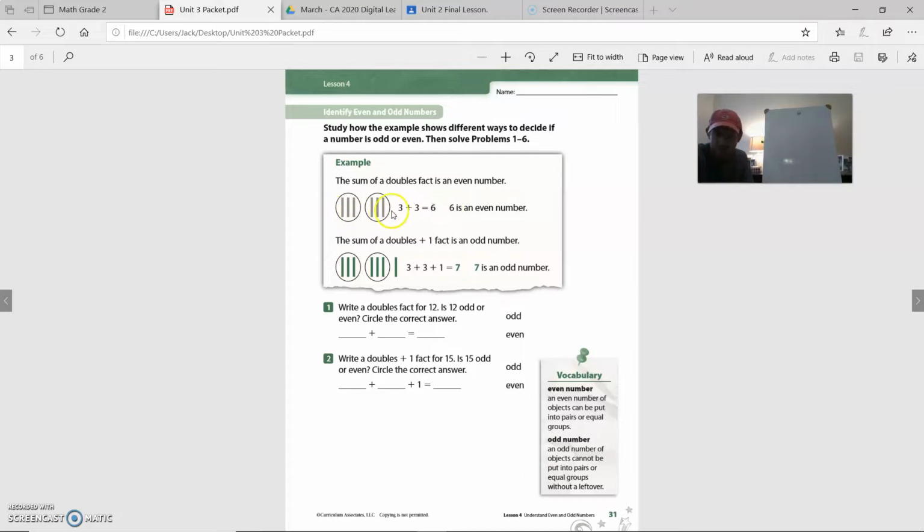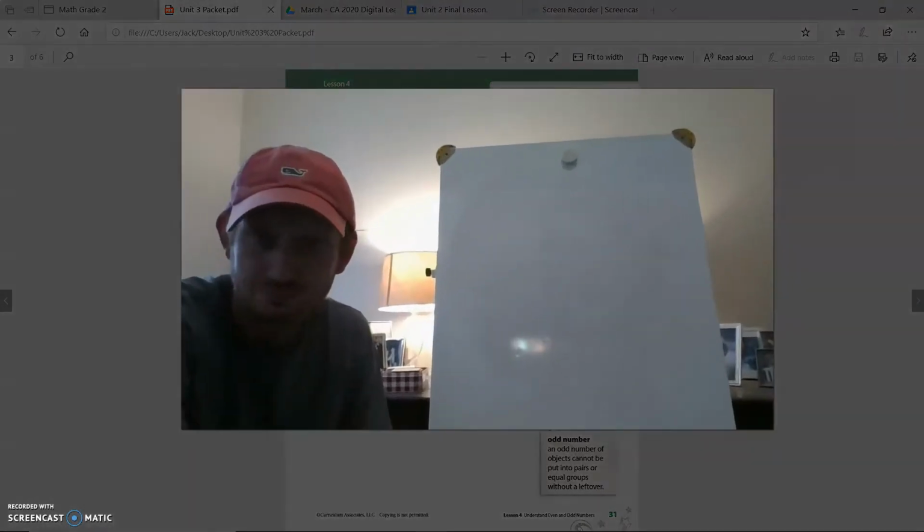So in this example, they have a 3 and a 3. 3 plus 3 is 6. It's an even number. The sum of a doubles plus 1 fact is an odd number. So for 7, 7 doesn't have any doubles facts. It has 3 plus 3 plus 1. So it is an odd number.